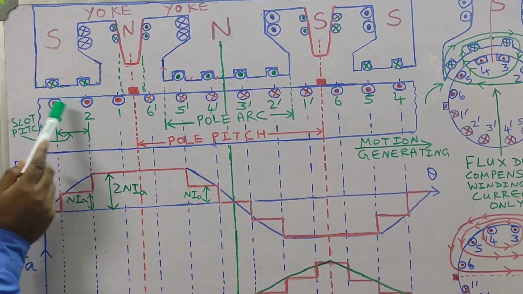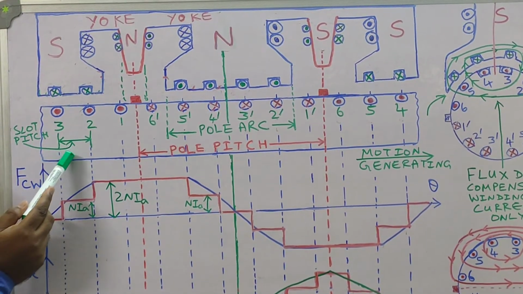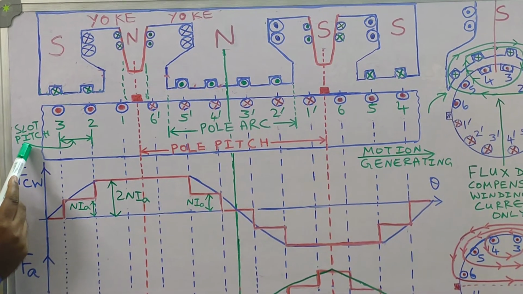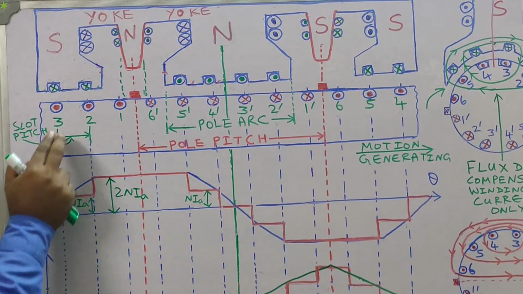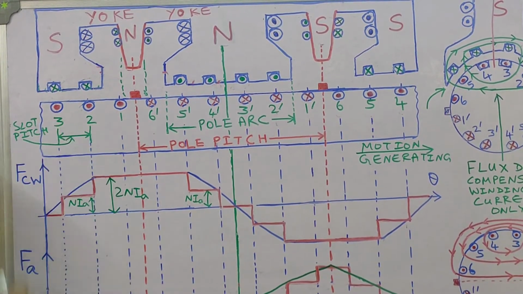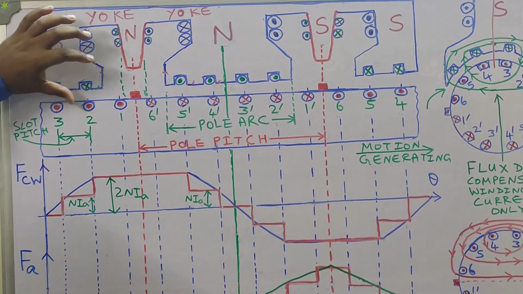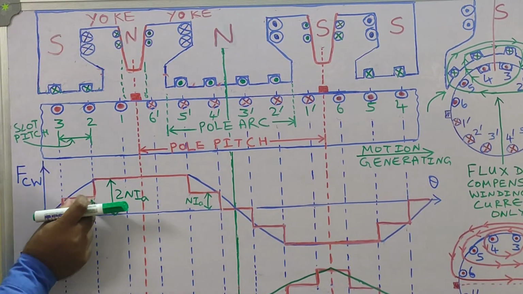So one slot pitch comprises the distance taken over one tooth and one slot. From here we are taking half slot, from here we are taking half slot. So this thing is very narrow.